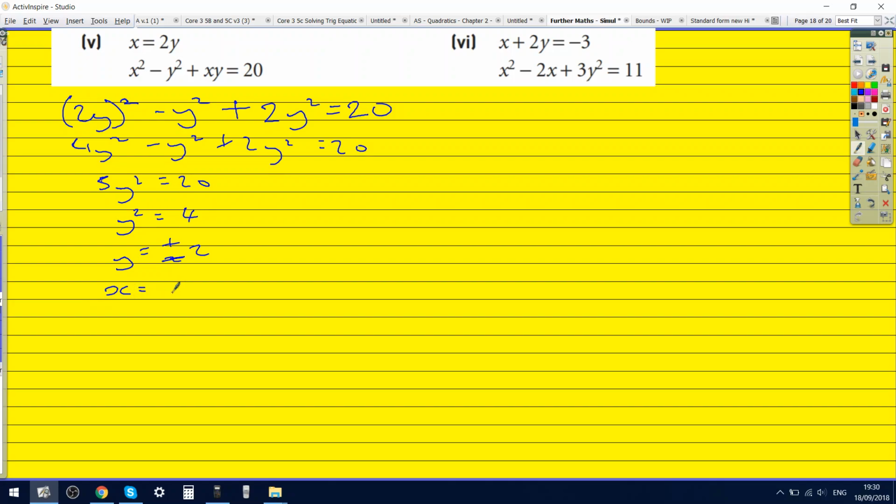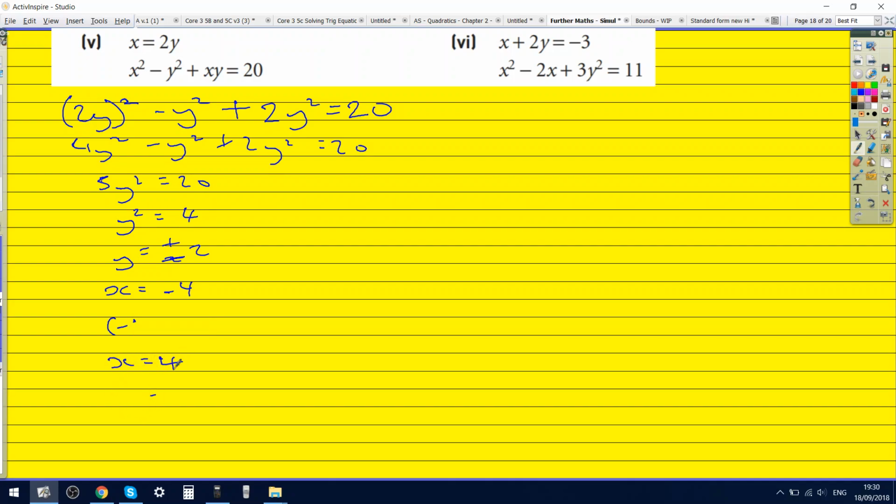Let's assume y is minus 2 to begin with. So x is 2 times minus 2, which is minus 4. And our first set of coordinates would be minus 4 comma minus 2. Then x is equal to 2y, which is 2 times 2, which is 4.